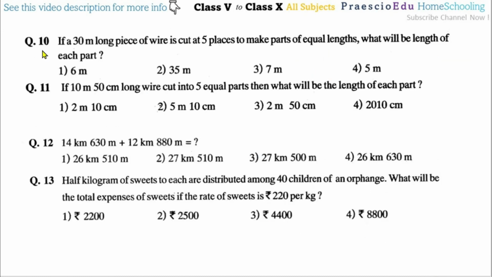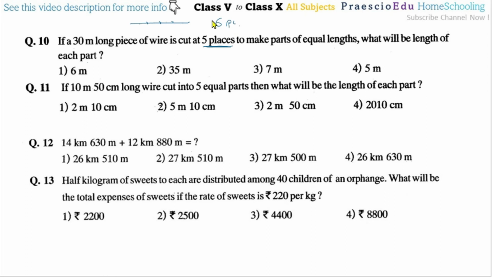Now question number 10: if a 30-meter long piece of wire is cut at 5 places to make parts of equal length, what will be the length of each part? Here 5 places cut means there are a total of 6 pieces. If this is a wire, 1 place cut means 2 parts, and 3 places cut means 1, 2, 3 and 4 parts; that is, the number of cuts plus 1 gives the total pieces.